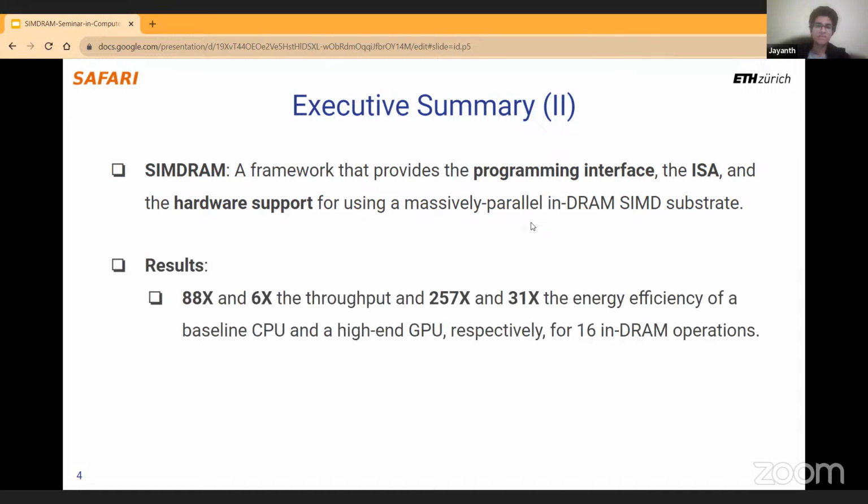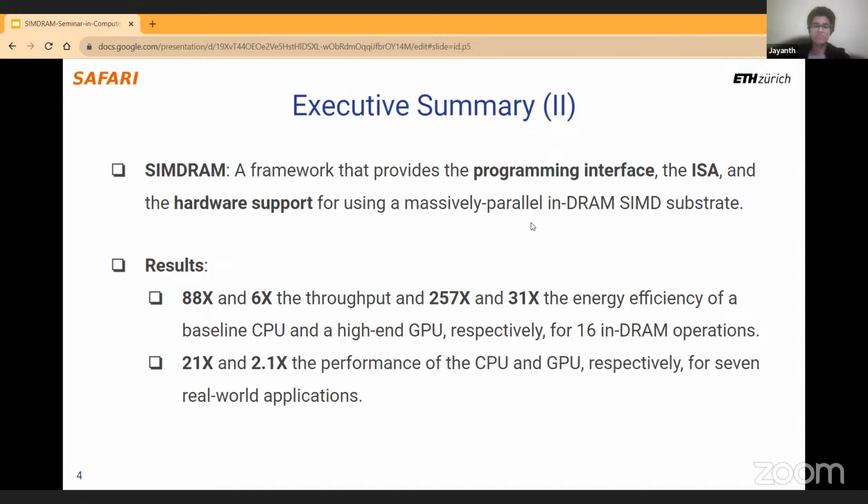Coming to an overview of the results, it was shown to offer around 88 times and 6 times the throughput of a baseline multi-core CPU and a high-end GPU, and 257 times and 31 times the energy efficiency of them. It was tested against 16 complex DRAM operations. It was also shown to provide 21 times and 2.1 times the speedup over CPU and GPU over 7 real-world workloads.